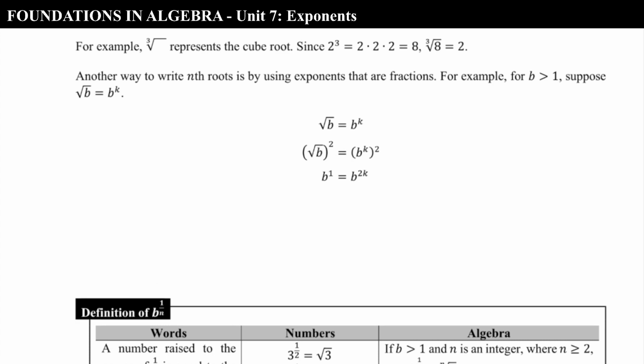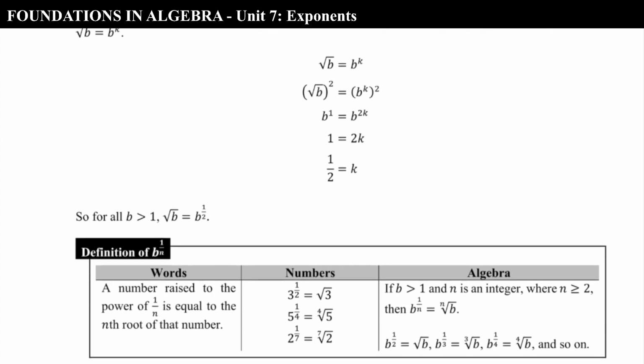And on the right-hand side, b to the k to the second, we multiply those exponents using the power of a power rule. And you've got b to the first equals b to the 2k. Well, since we have the same base, we can set those exponents equal to each other. You have 1 equals 2k, and if we divide each side by 2, you get k is 1/2. So b to the 1/2 power is the same as the square root of b.